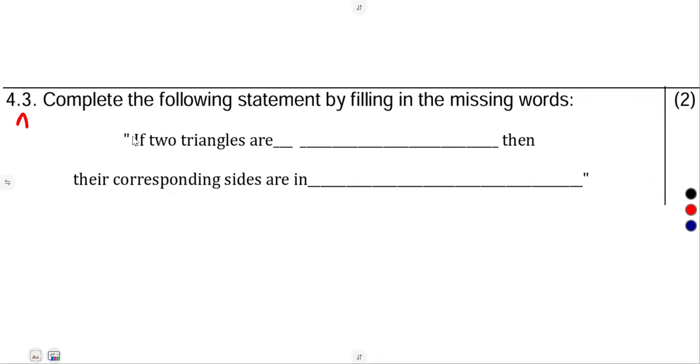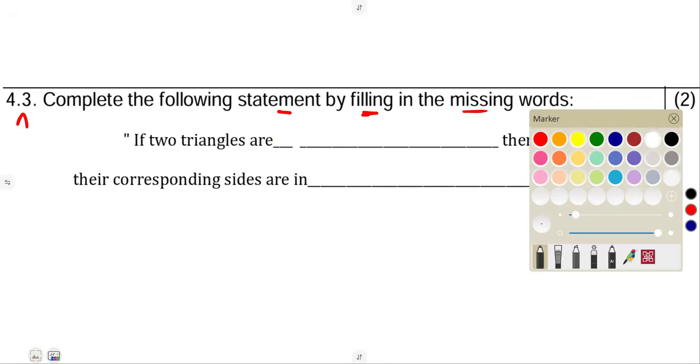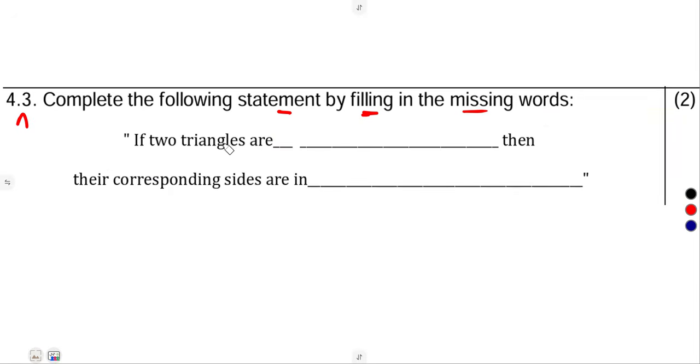On question 4.3, complete the following statement by filling in the missing words. Right? Let's see. If two triangles are, then their corresponding sides are in. This is not about congruent figures here.